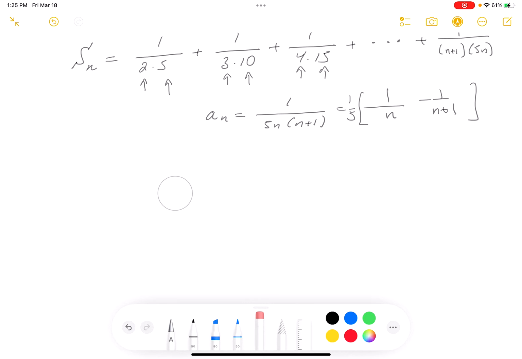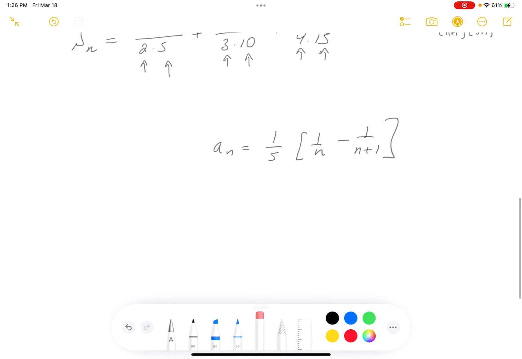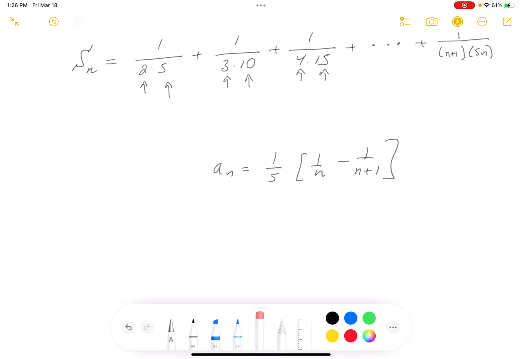All right? So what I want to do is, I'm starting to realize that an is this thing over here. Let me make sure you're clear on that. So an is just 1/5, 1 over n minus 1 over n plus 1. All right, that's what an is. Let me erase this up here. I don't need this anymore. So what I want to do is write the terms down for Sn now.